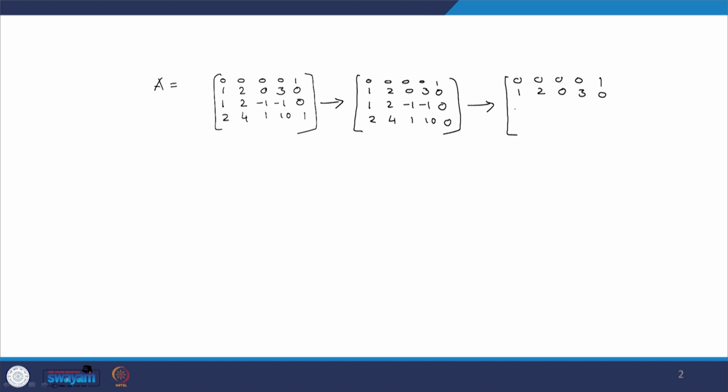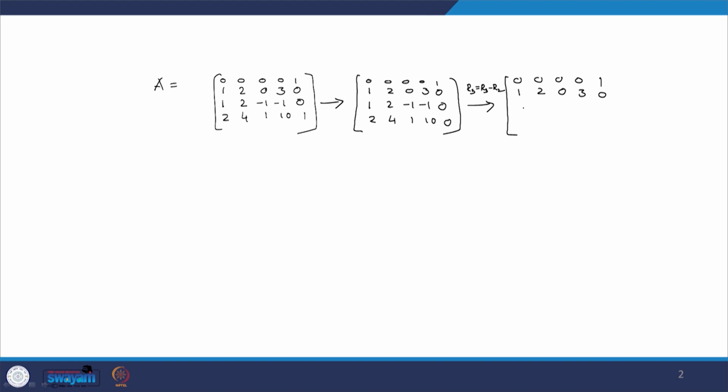I have to make the third entry of the first column 0, so I multiply the second row by minus 1 and add it. Basically, R3 equal to R3 minus R2.